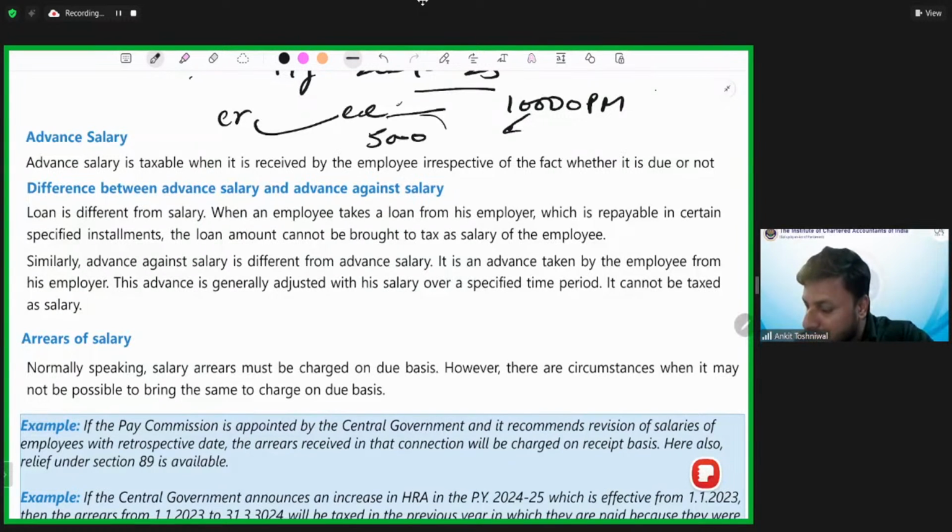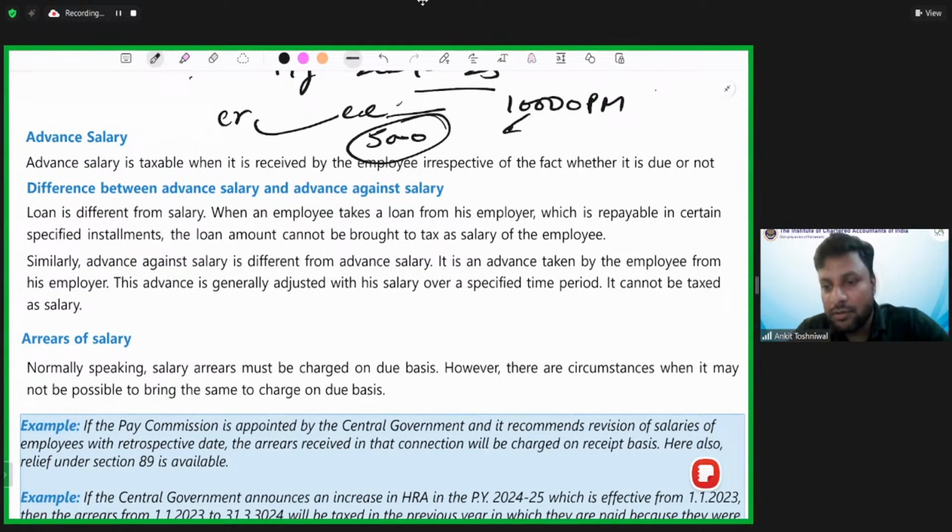So this 5,000 is not a salary. It is an advance from that salary. Advance salary is different from the advance against the salary.